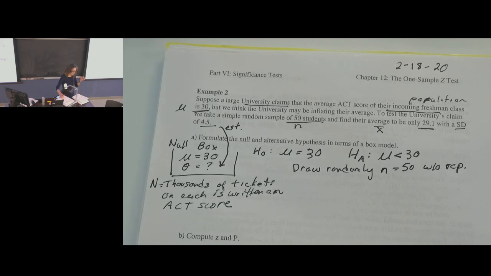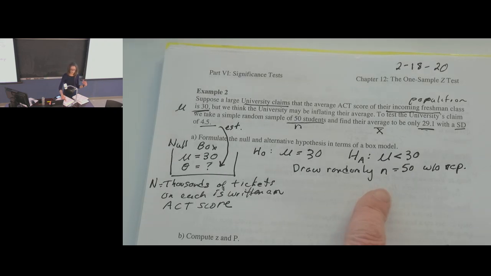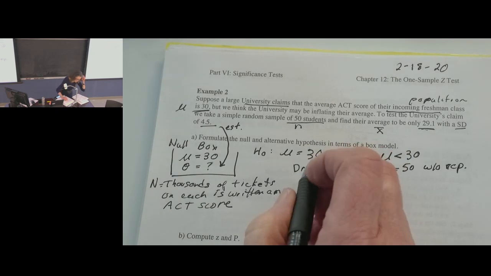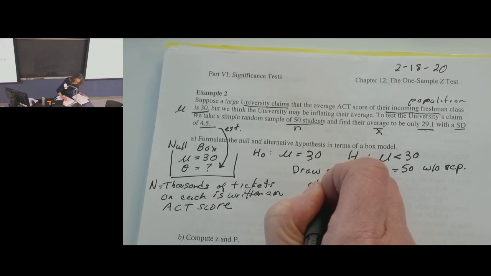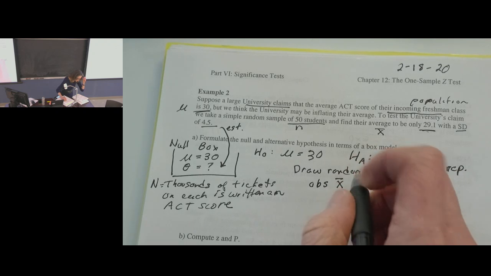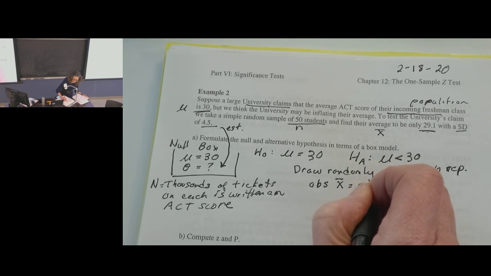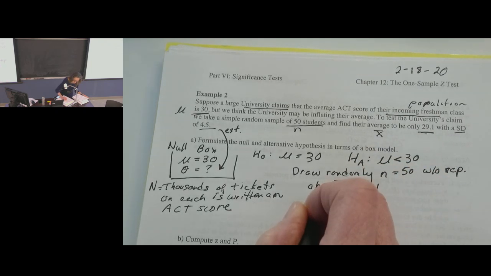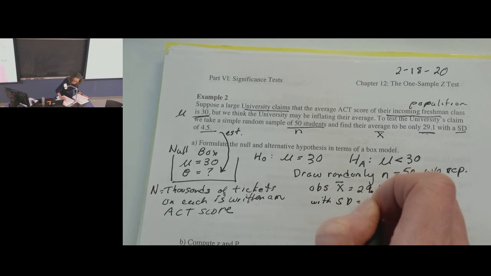Okay? And what do we get? Of those 50 tickets, we get an average, and our average is, sure enough, less. We get an observed average, our observed X bar, equal to 29.1, with an observed SD equal to 4.5.